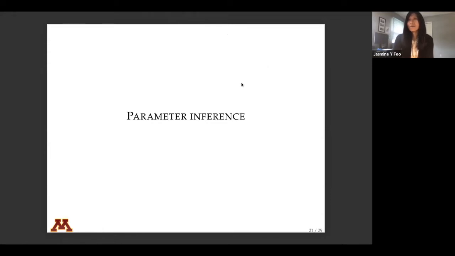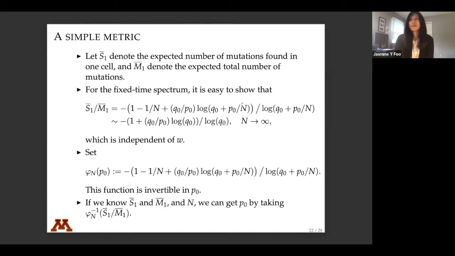Okay, so these results turn out to be useful for designing a simple metric for inference of those parameters W and p naught that we're interested in. So let S1 be the expected number of mutations in one cell, and let M1 be the total number of mutations.